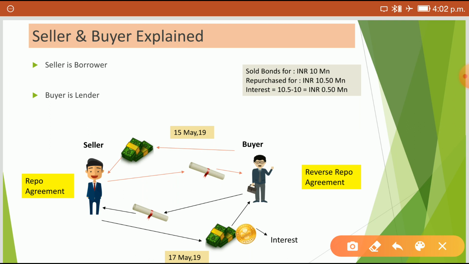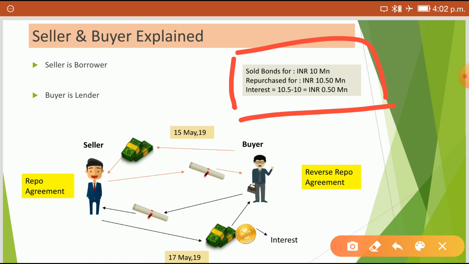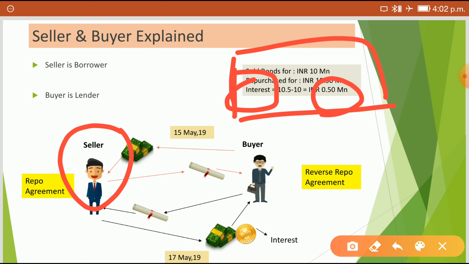In this example, there is a transaction in which the seller is selling bonds for 10 million INR with an agreement that he will repurchase these bonds at 10.50 million INR. So the seller, the person who is borrowing the money, is willing to repurchase at 0.50 million extra. This 0.50 million is termed as interest.